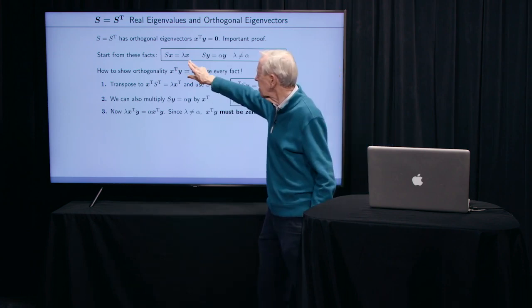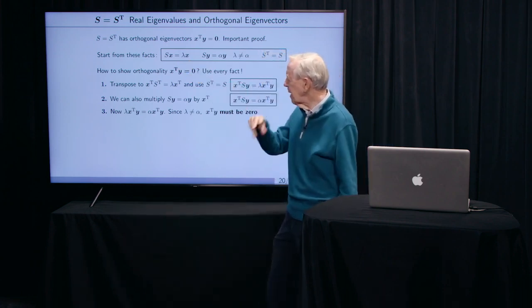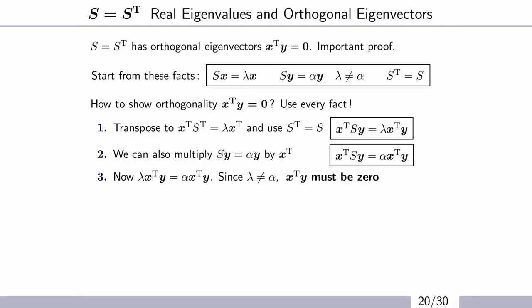So I take this first thing, and I transpose it, turn it into row vectors. Transpose means I flip rows and columns, but for a symmetric matrix, no difference. So S transpose is the same as S. And then I look at this one, and I multiply both sides by x transpose.